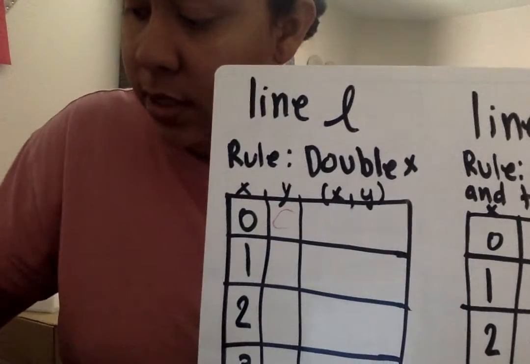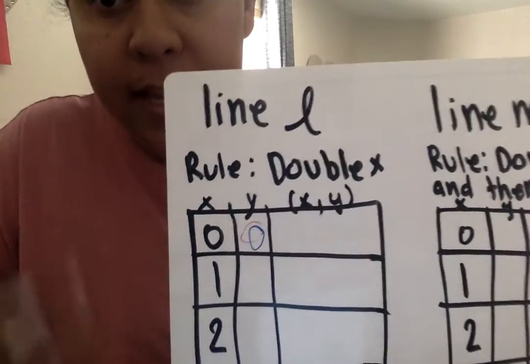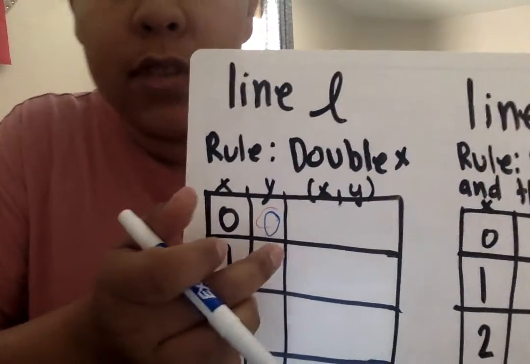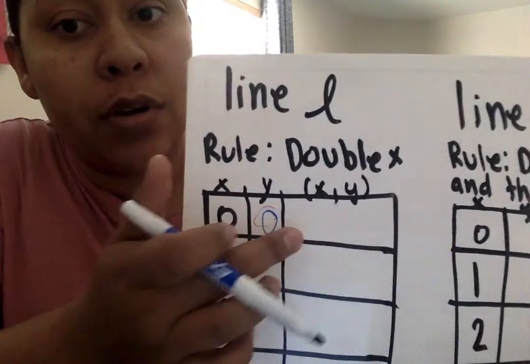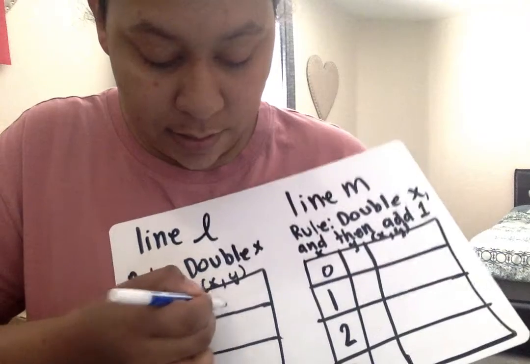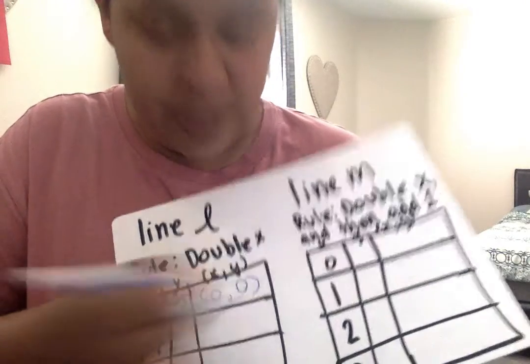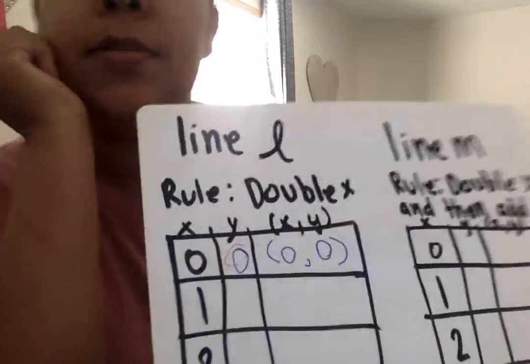Oh, you can't see that. Okay. So then once you have that y figured out, you can create your coordinate pairs. So your coordinate pairs would be parentheses 0, comma 0, parenthesis. Kind of looks like a smiley face.